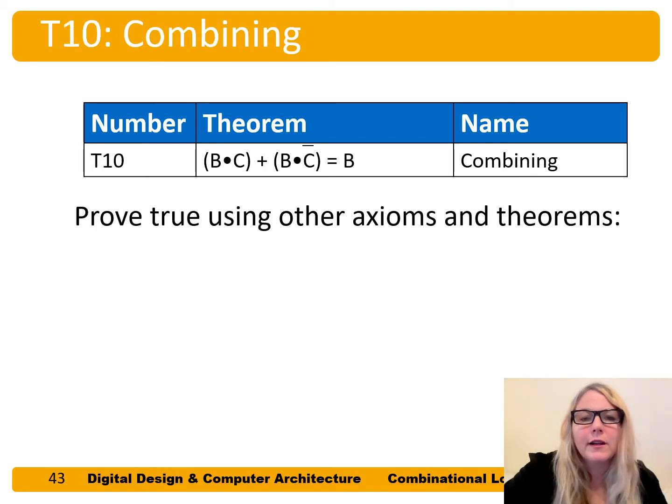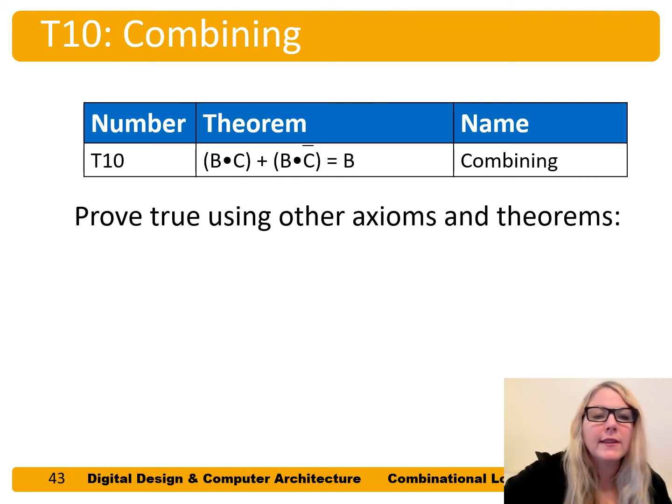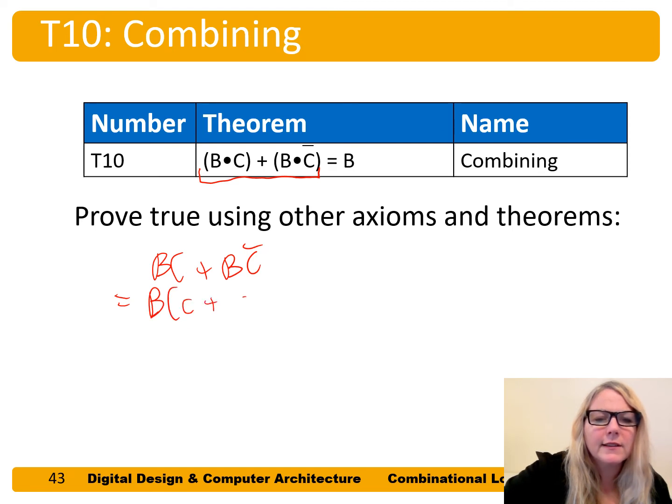Here's another example of using other axioms and theorems to show that a theorem is true. Let's look at the combining theorem. We have B and C or B and C bar. We'll start with the left side of this equation. We can use distributivity, what we also call factoring, the reverse direction of distributivity, to factor out, just like in algebra, the B. And so we get B and (C or C bar).